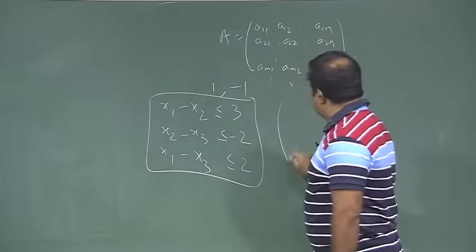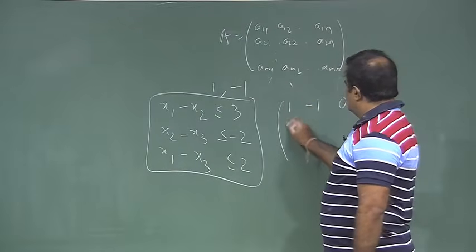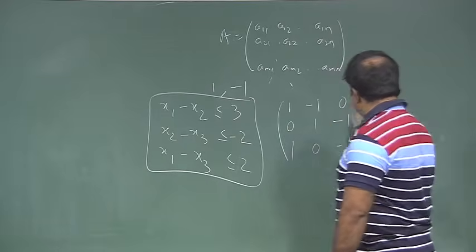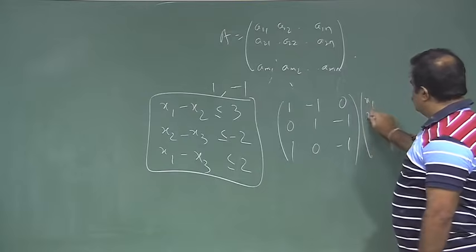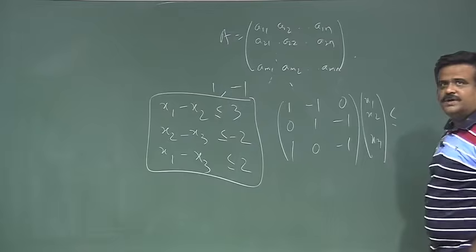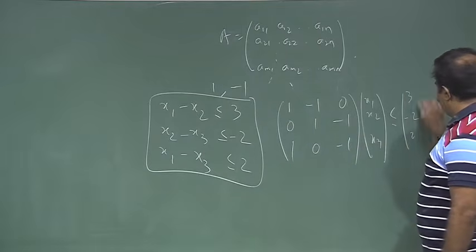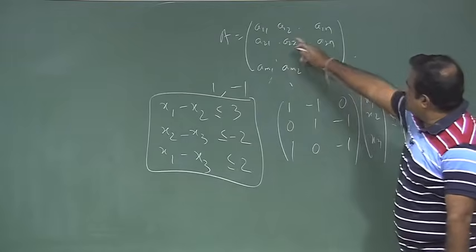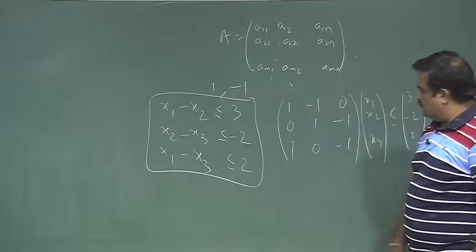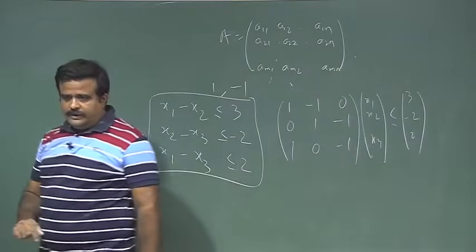It is 1, minus 1, 0; then 0, 1, minus 1; then 1, 0, minus 1, times x1, x2, x3. And b is 3, minus 2, 2. So each row contains only one 1 and one minus 1. This is a very particular case of LPP.